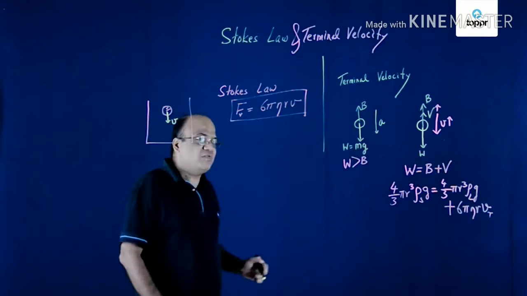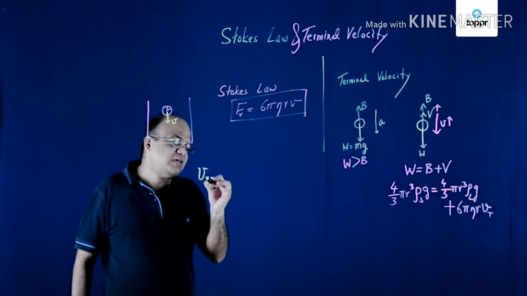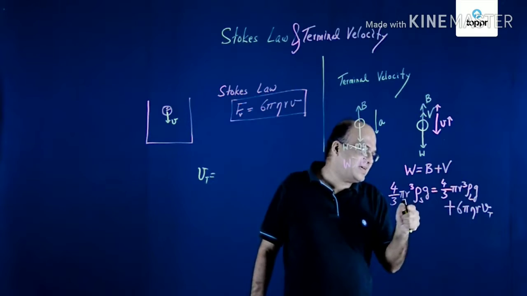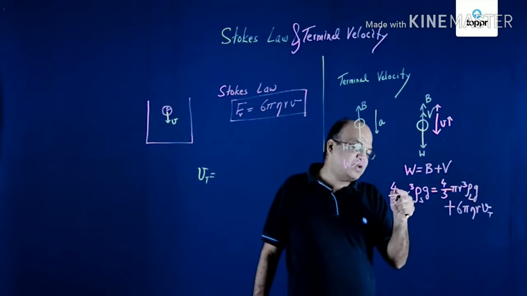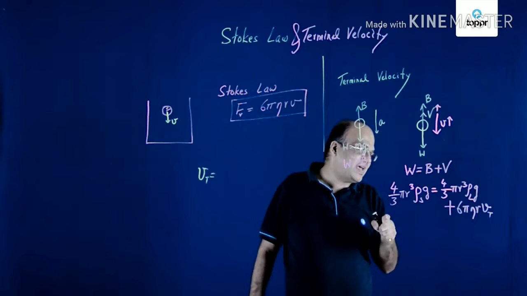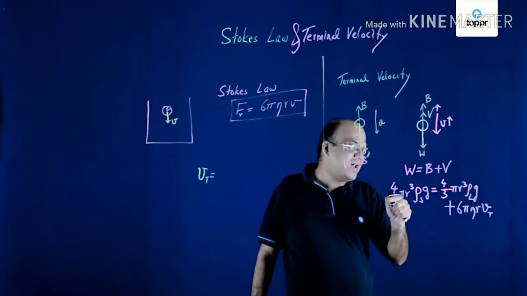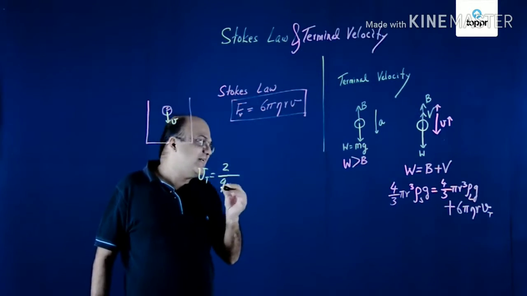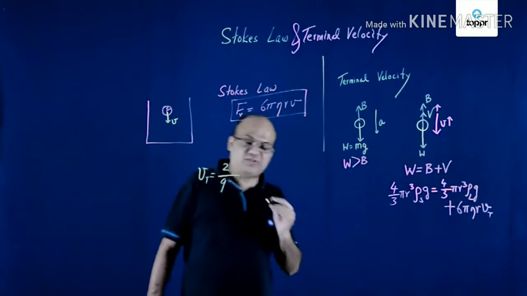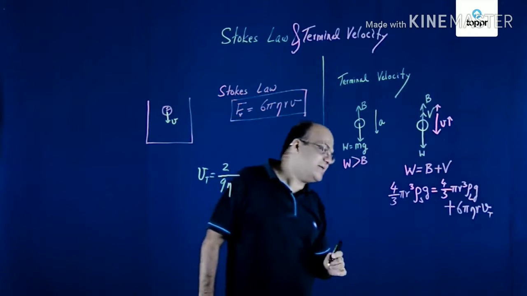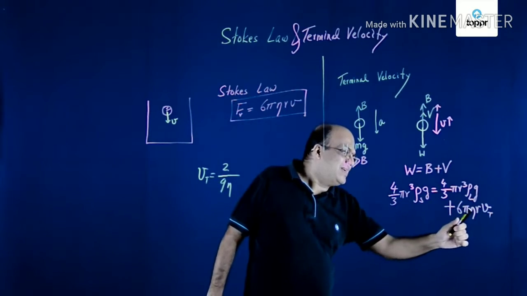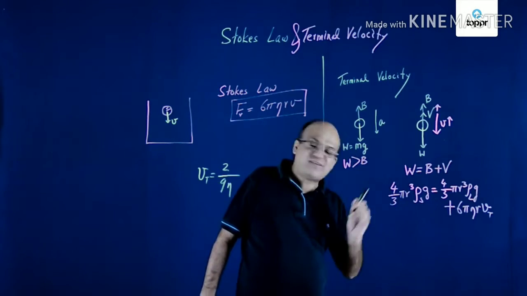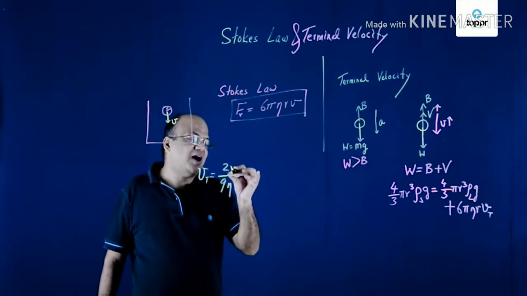So from this, we get the formula for terminal velocity, Vt equal to, this will come to this side, so we'll get a minus sign there, then the 6 will come to this side, so it is 4 by 18, that is 2 by 9. Then we get this eta. Here you had r cube, so you'll get r square.